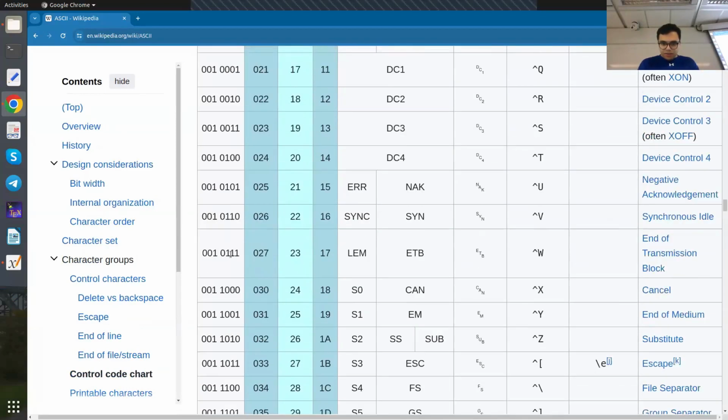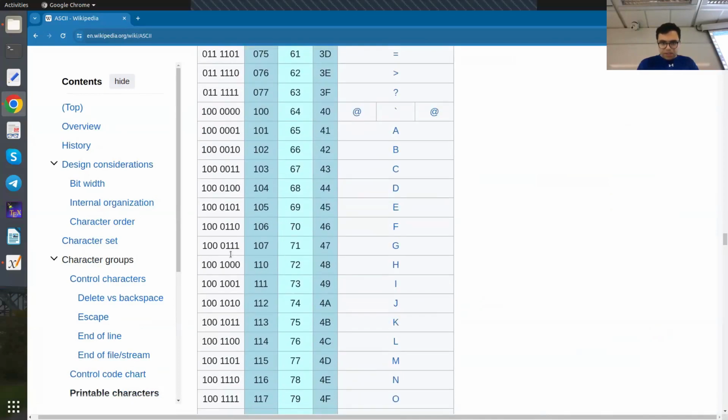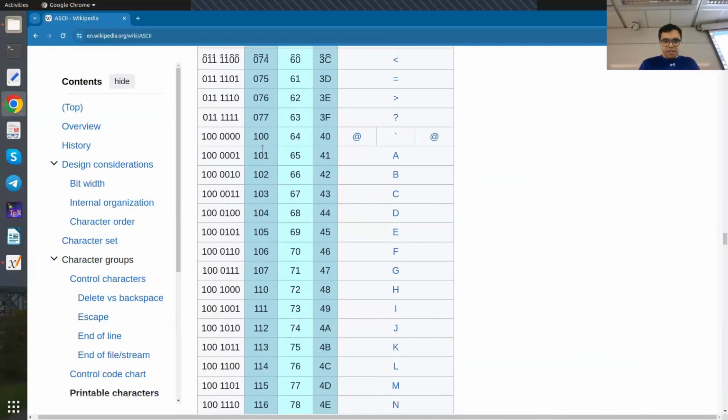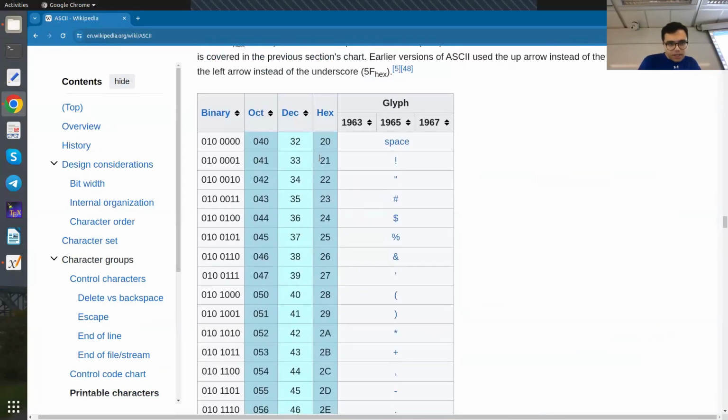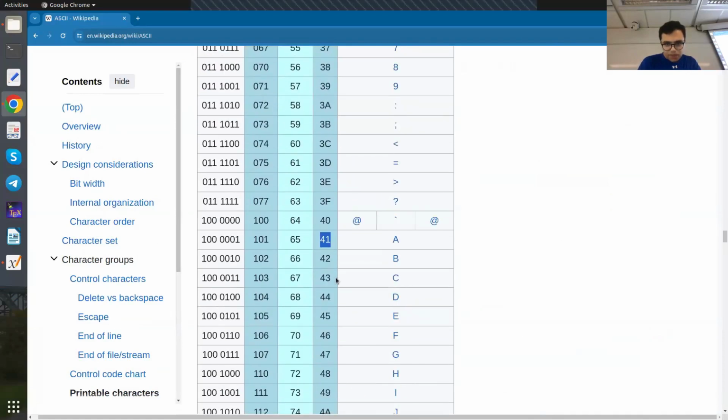Okay, so for example, A would be represented by the number 65 in decimal, right? And in binary, this is how you write 65. So that just gives you a sequence of zeros and ones for writing the letter A.